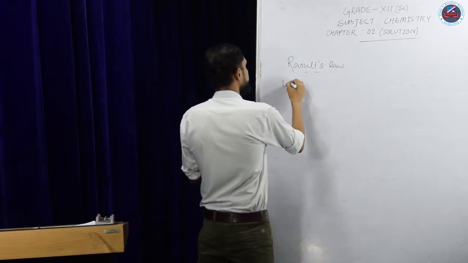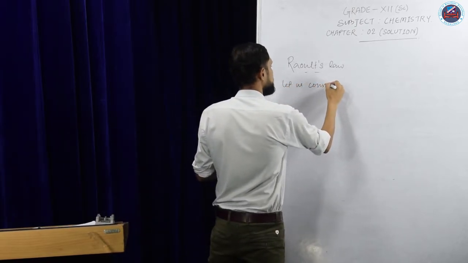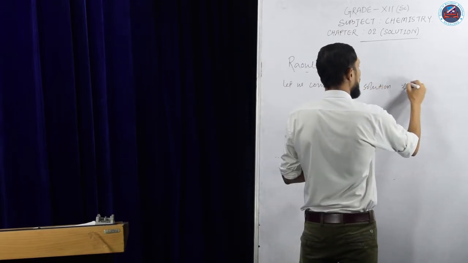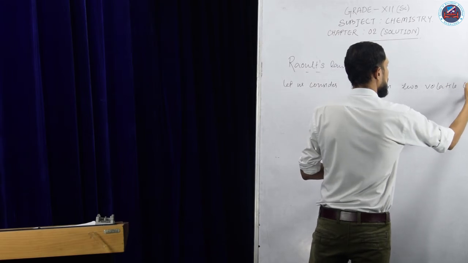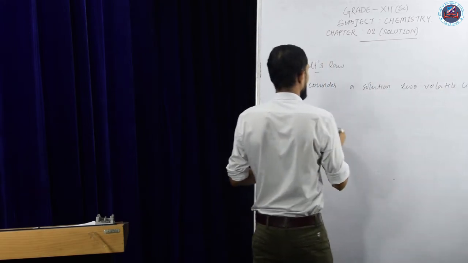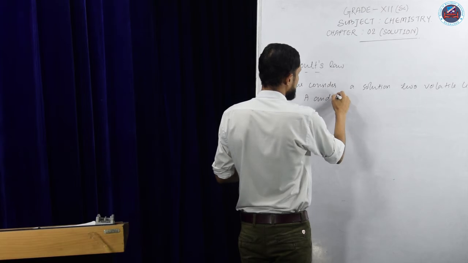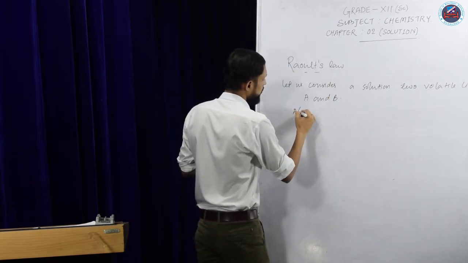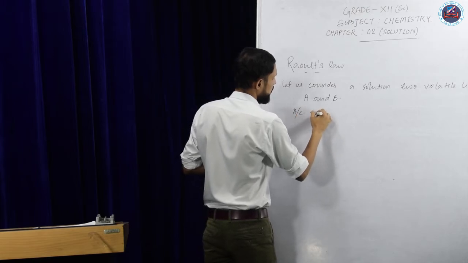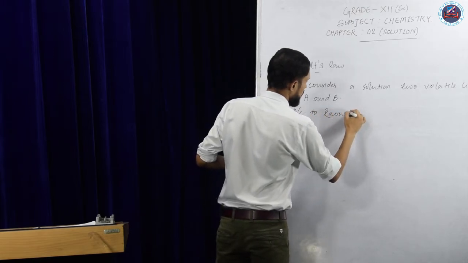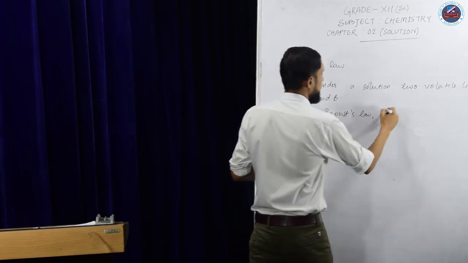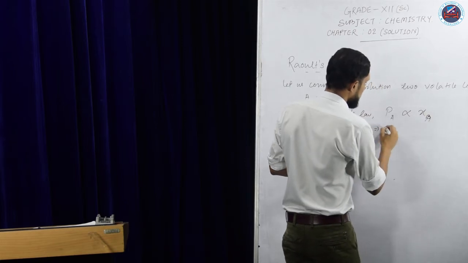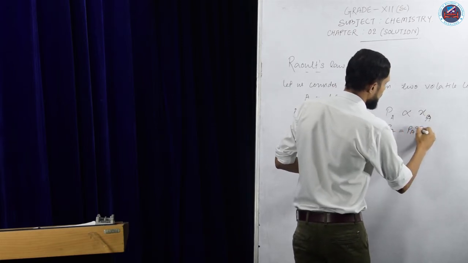Let us consider a solution of two volatile liquids, A and B. So according to Raoult's law, PA is directly proportional to mole fraction of A, which implies PA is equal to PA naught XA.